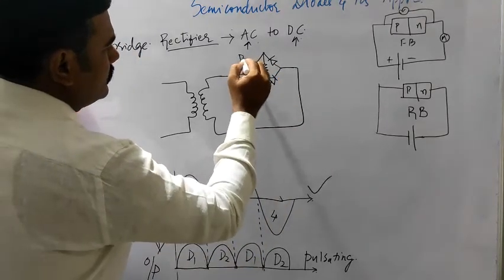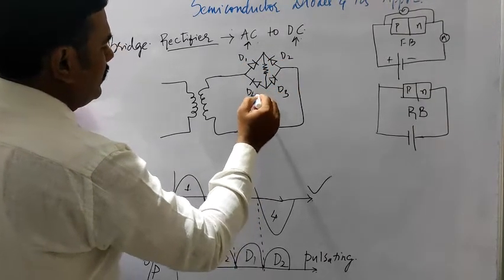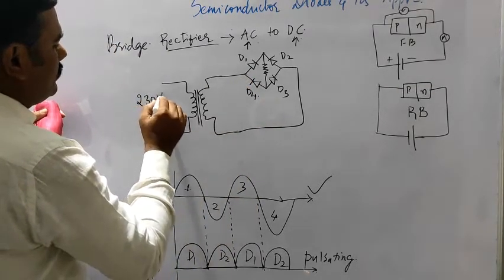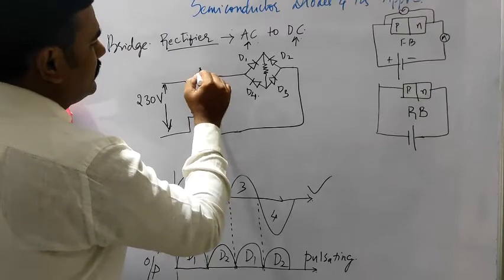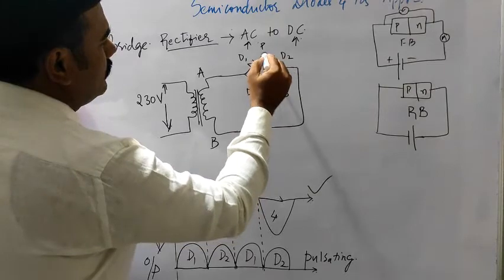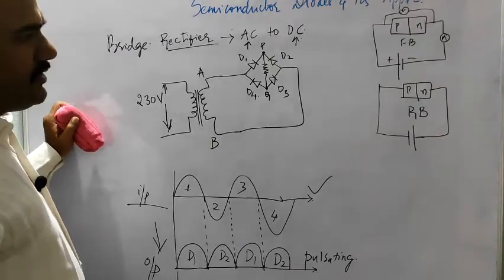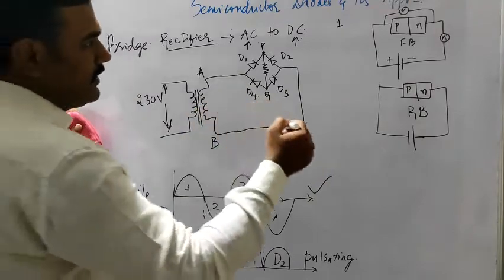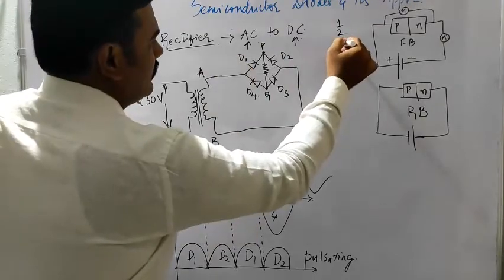We have four diodes, D1, D2, D3 and D4. Again, this is a step down transformer. We apply 230 volts at the primary. We mention these two terminals as A and B, and these two points here as P and Q. In the case of the half wave rectifier, we have only one diode. In the center tapped full wave rectifier, we have two diodes, and in this case we have four diodes.